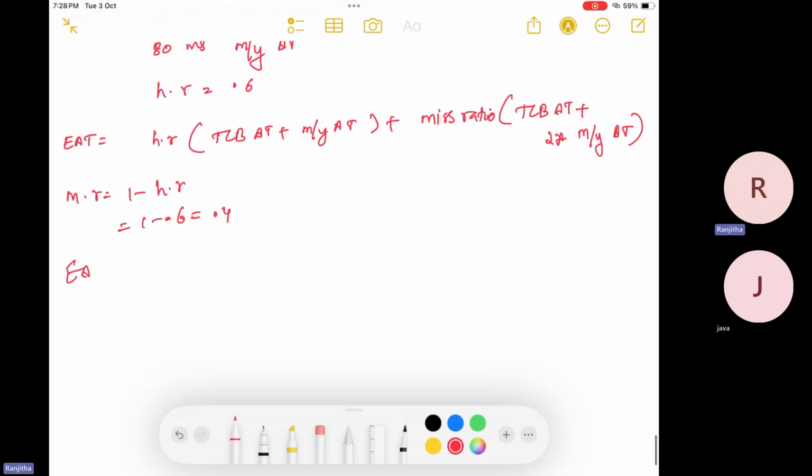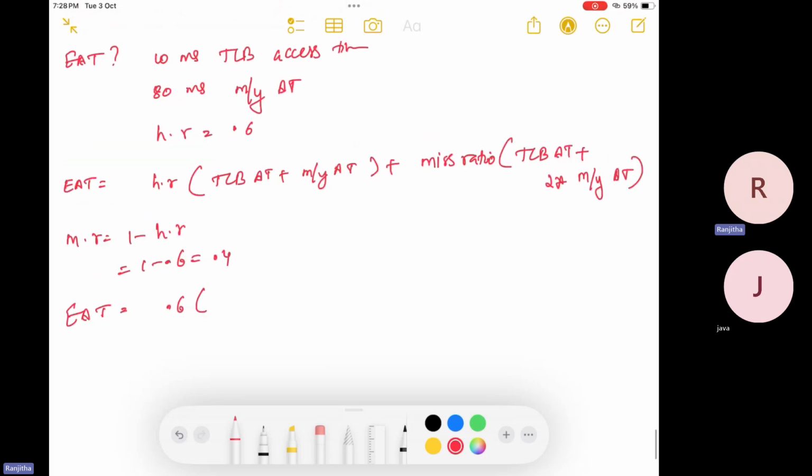So effective memory access time is 0.6 into (10 plus 80) plus 0.4 into (10 plus 2 into 80).